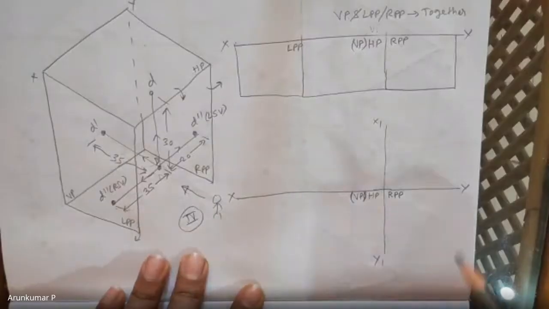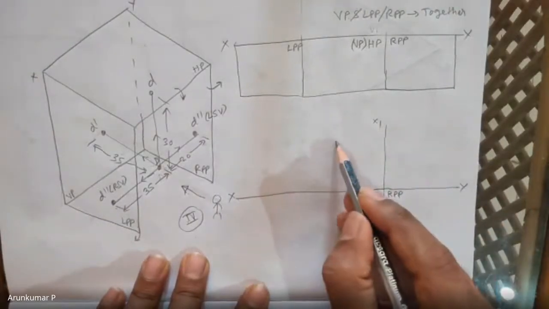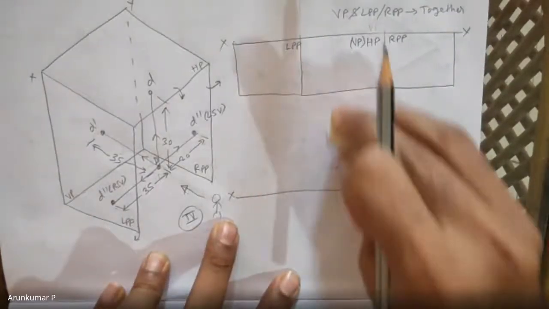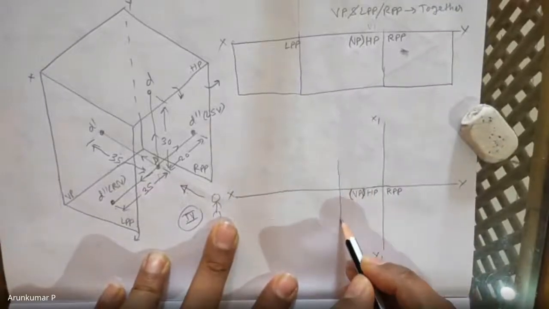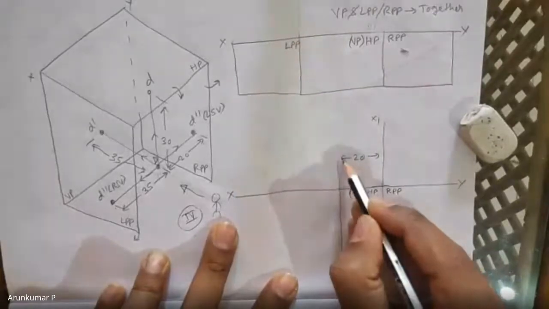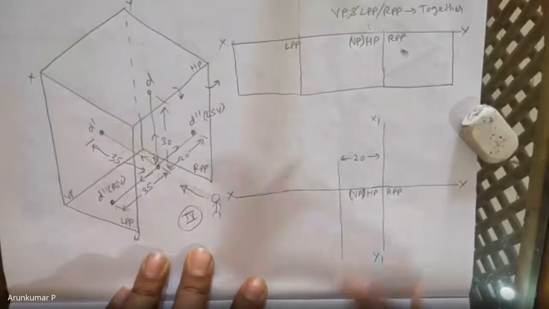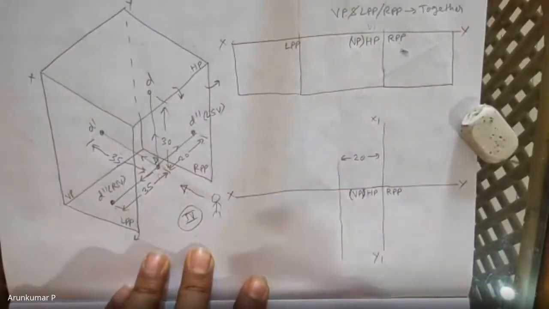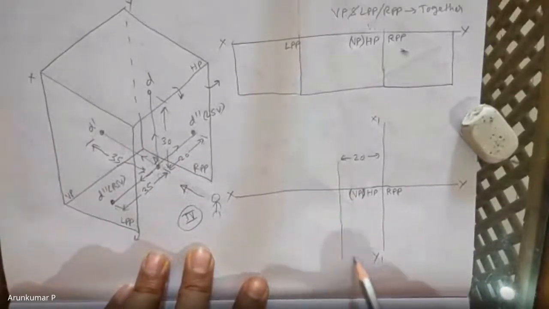So what you have to do is, first thing, you have to draw the projection line, 20 mm from RPP. Somewhere on this line, you are going to get the front and top view. Now, since this is the fourth quadrant, front view and top view both you are going to get here only.